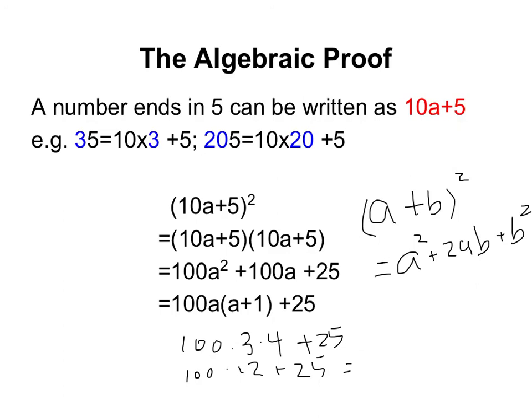So that becomes 1200 plus 25, and that is equal to 1225. And you can do the same thing for the other example, 205 here. So that's the algebraic proof of why we can use this trick to quickly evaluate the square of a number that ends in 5. Thank you for watching.